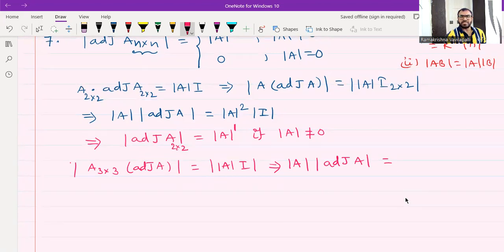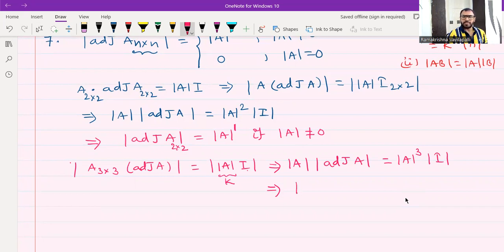Whereas RHS, if you take this as K and I is 3 by 3 matrix, so you can write K cube. So det A whole cube into det I. Now you see, one det A will be cancelled provided det A is not equal to 0.